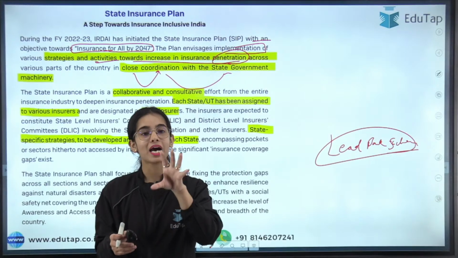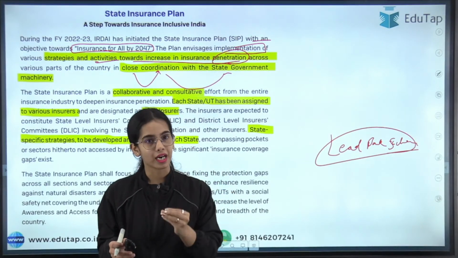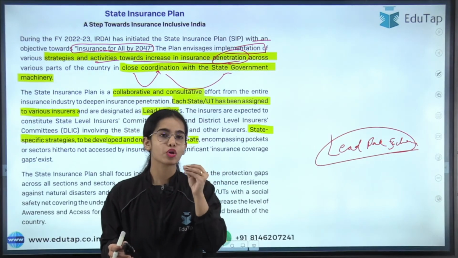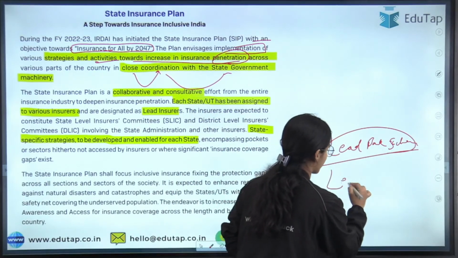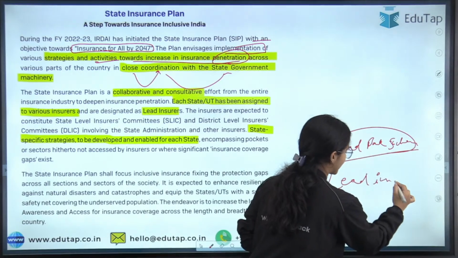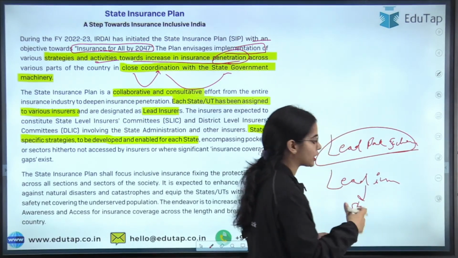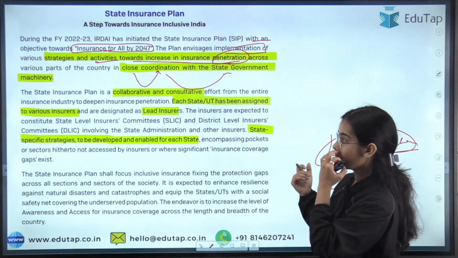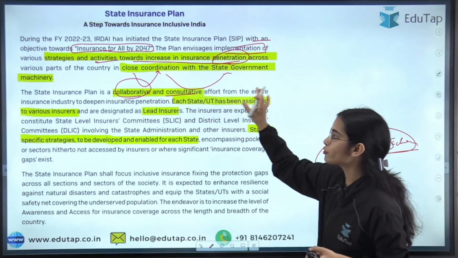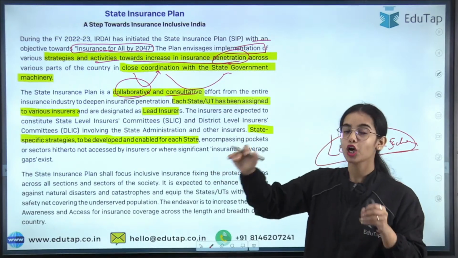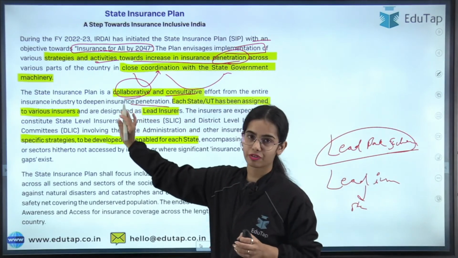Such a scheme has been taken up by the IRDAI also. That is, the state insurance plan talks about lead insurers. There will be lead insurers selected for particular states or particular districts. The state insurance plan is a collaborative and consultative effort from the entire insurance industry to deepen insurance penetration.